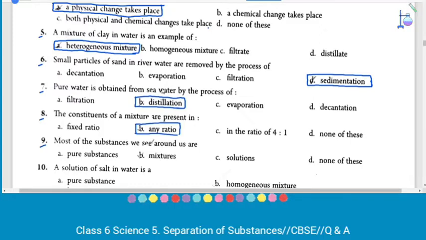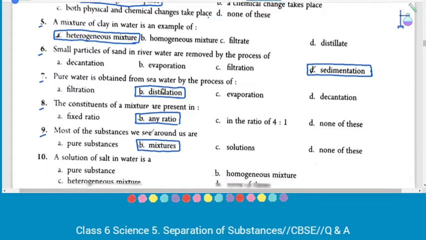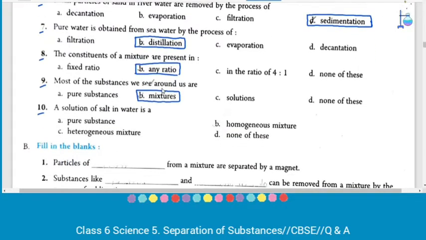Answer is mixtures. Most of the substances we see around us are mixtures. Tenth question, a solution of salt in water is, options are pure substance, homogeneous mixture, heterogeneous mixture, none of these. Answer is homogeneous mixture. A solution of salt in water is a homogeneous mixture.